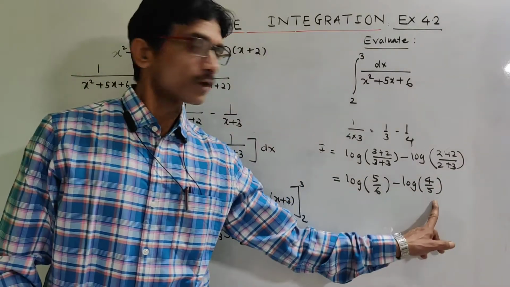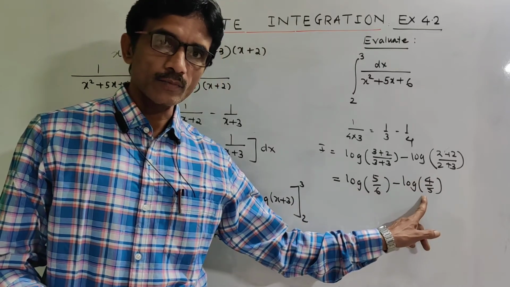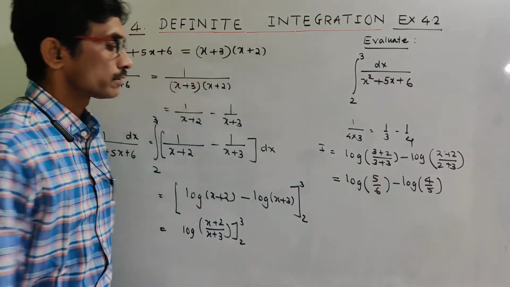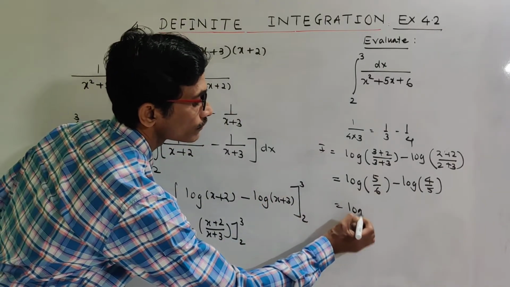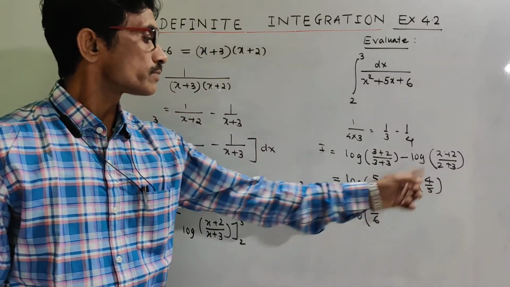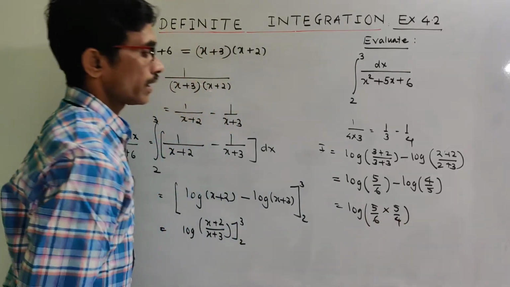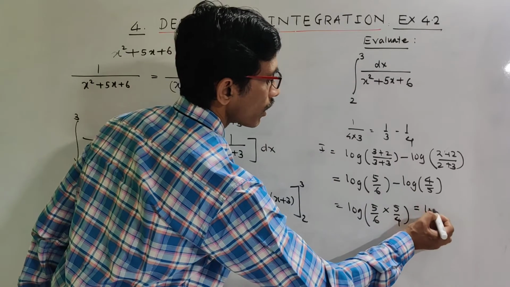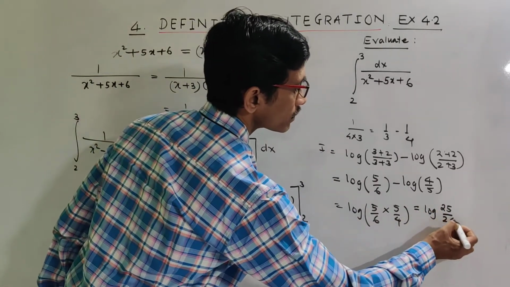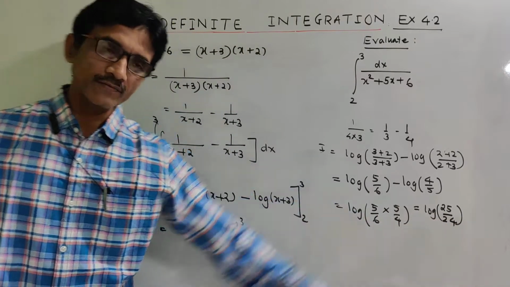Minus log of 4 upon 5 is log of 5 upon 4, and log m minus log n is log m upon n. So this is log of 5 upon 6 multiplied by 5 upon 4, which gives log of 25 upon 24.